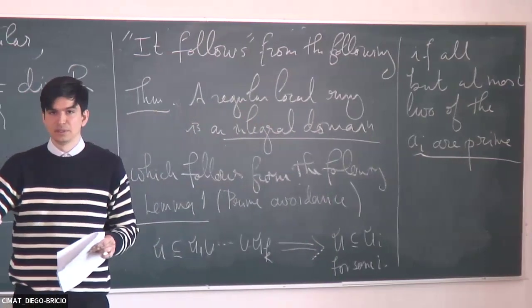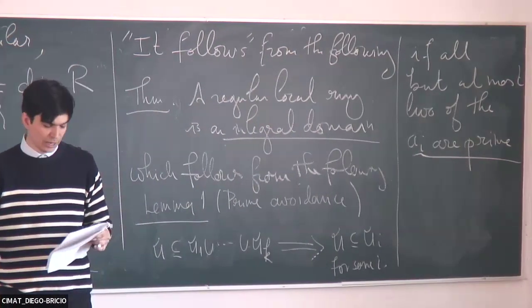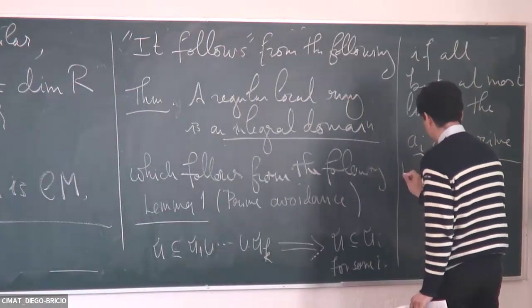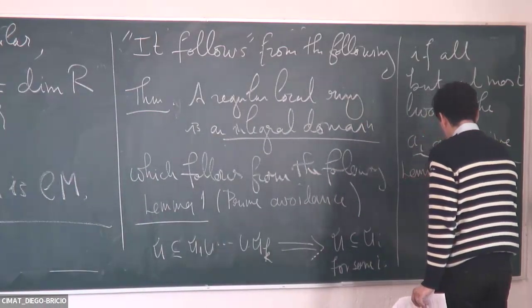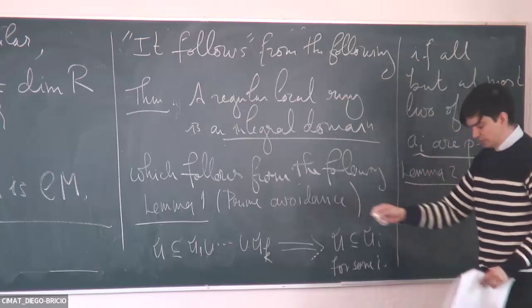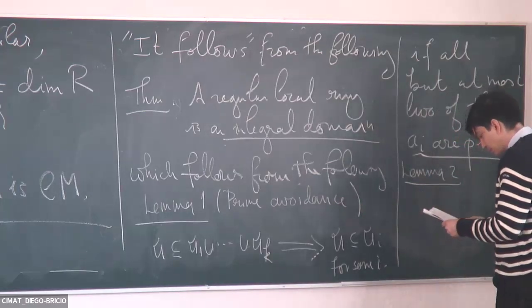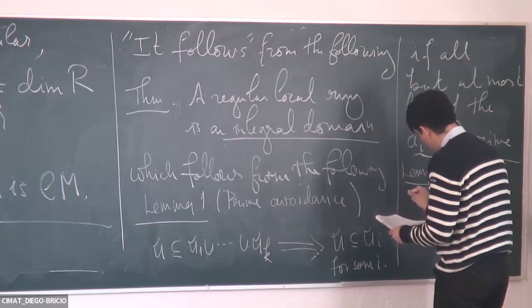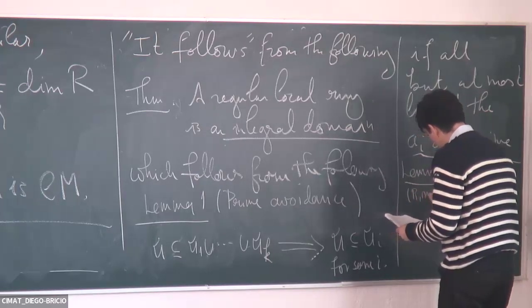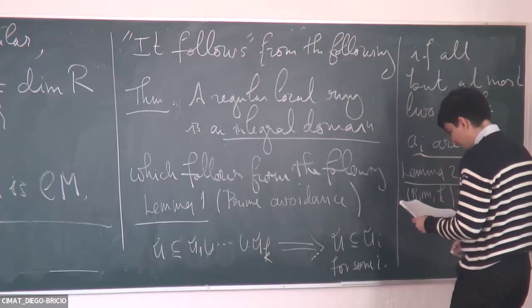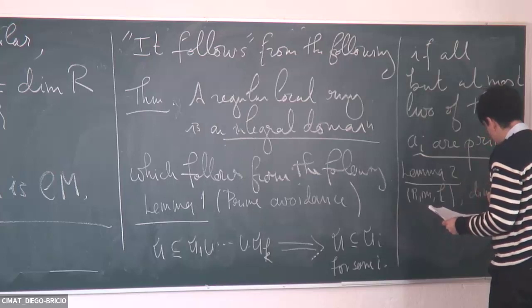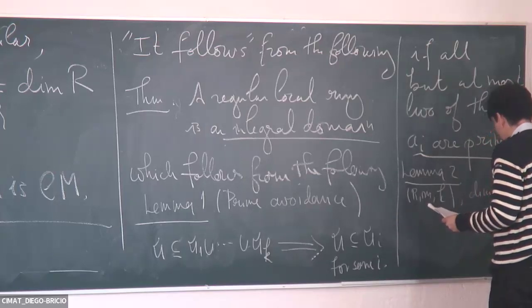Okay, I guess I can write the really important lemma in this little square here. So this lemma 2 is a consequence of this. And it says the following: suppose that you have a local ring whose dimension is not zero.